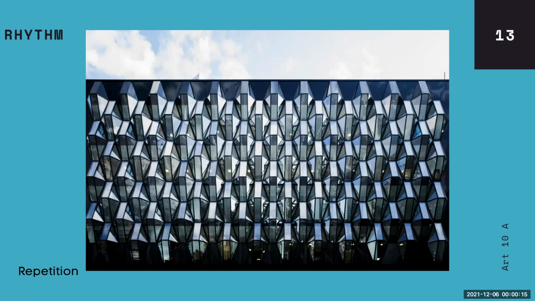So if we look at these windows here, there's not a lot of space between the elements. So the rhythm is very fast, and it's most likely that the viewer will read this very quickly, versus when there's more space between the elements, where there's a rhythm, but you slow the pace down as the viewer is looking at the work.